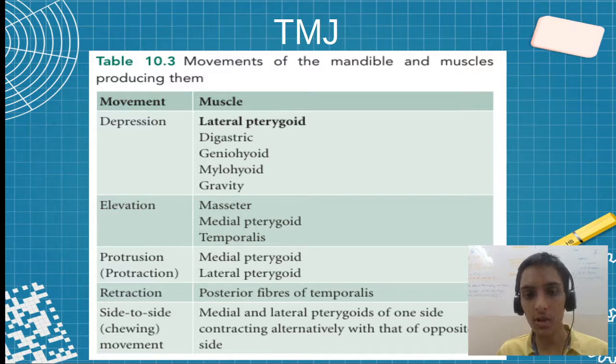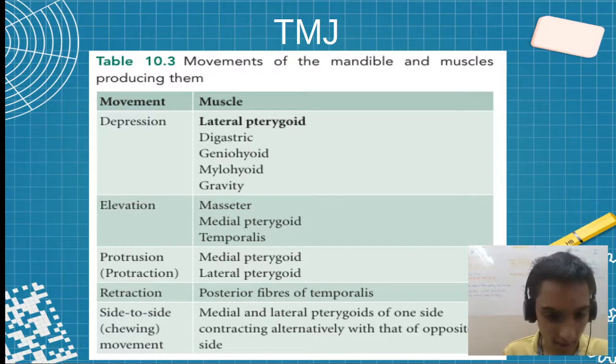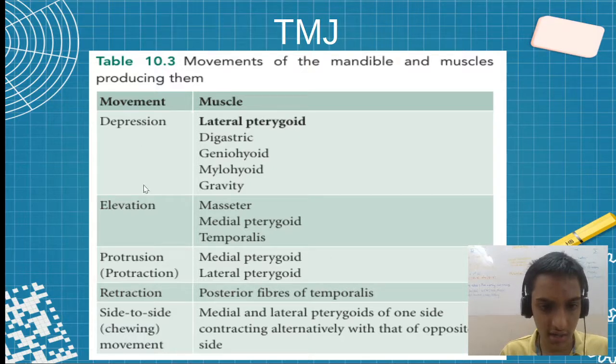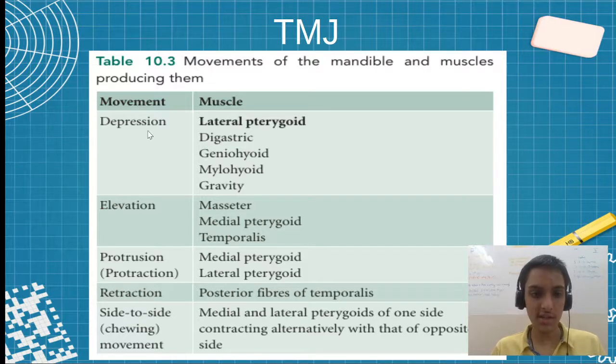Let us see now the movements of the mandible and what are the muscles which are acting on it. So we have 5 important movements: depression, elevation, protrusion or protraction, retraction and side to side movement. So depression is done by what?